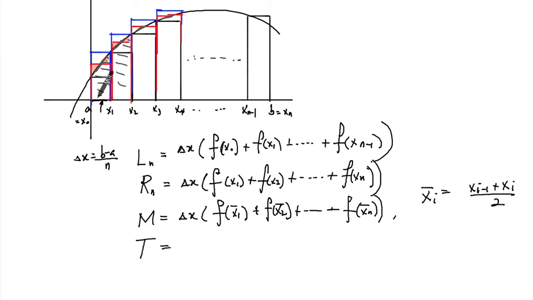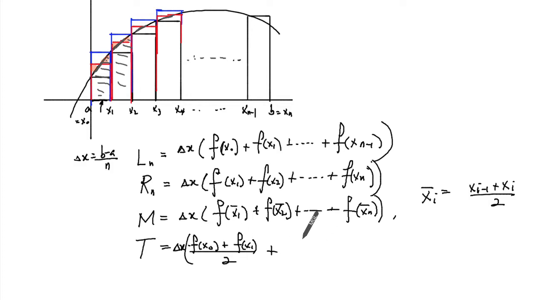And what about the trapezoid if we were to write it? So for the trapezoid, this is the height of the trapezoid, and you've got to add up these two parallel sides. So the first one is f of x0 plus f of x1, times delta x, divided by 2.